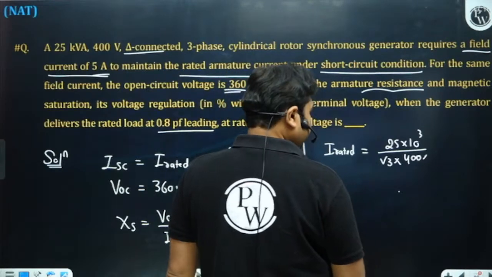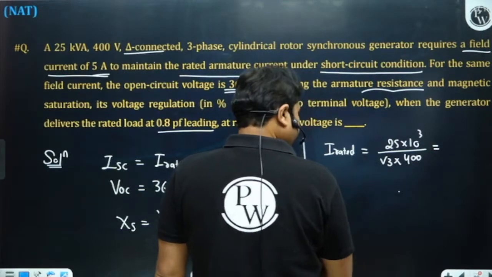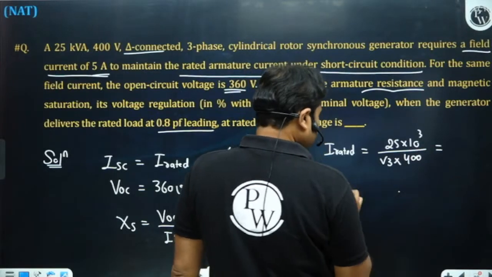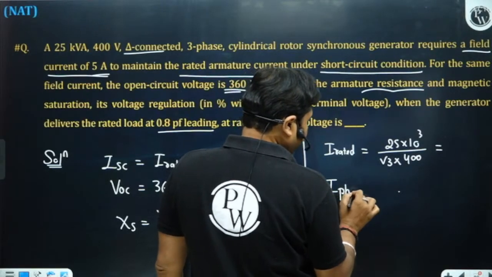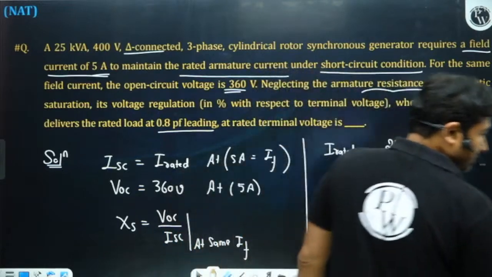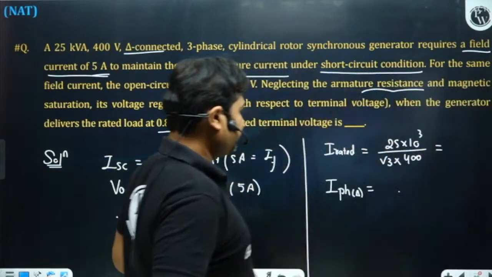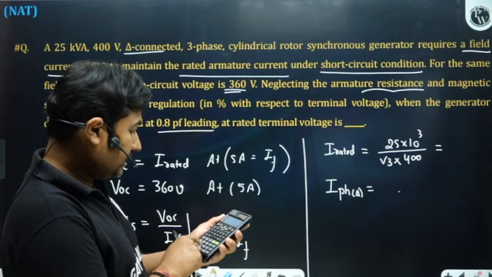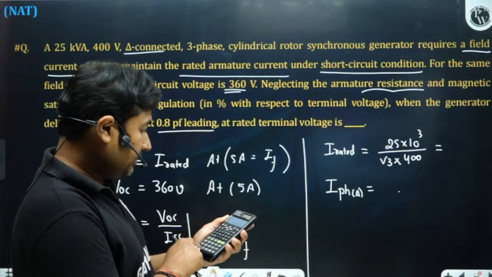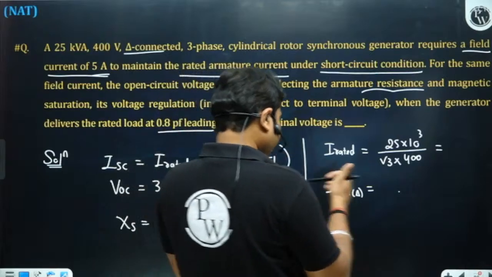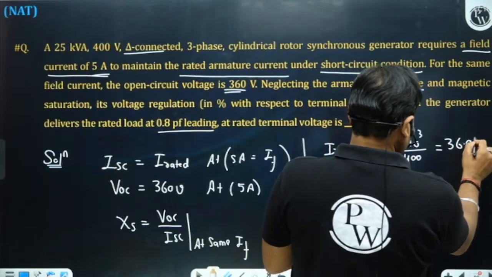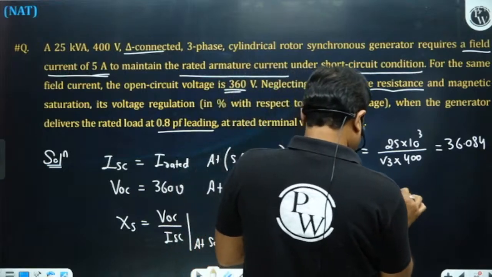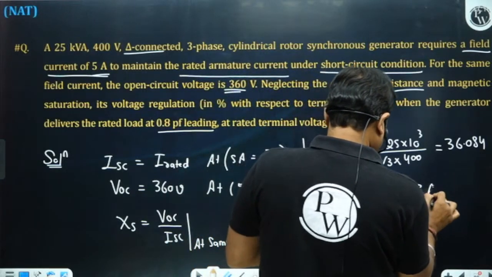This is your line current. You can calculate phase current as well. So phase current will become 25 into 1000 divided by root 3 divided by 400, which is 36.084, divided by root 3, so 20.83 ampere.